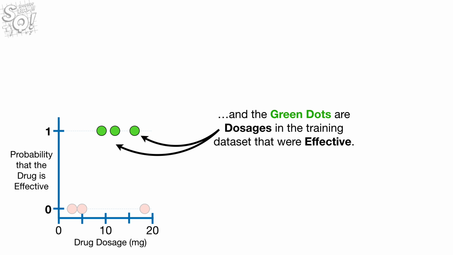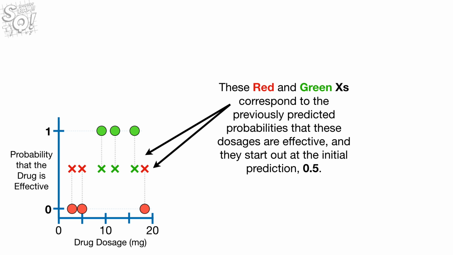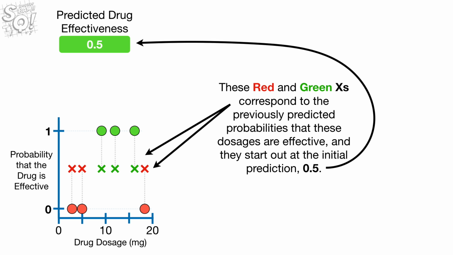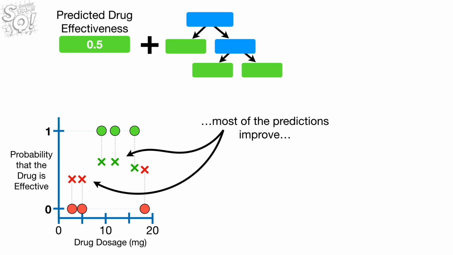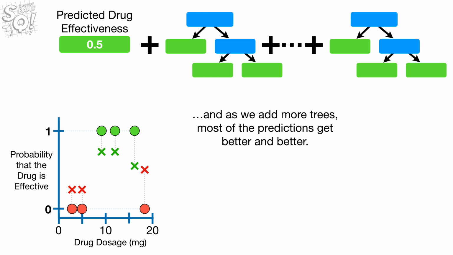And the green dots are dosages in the training dataset that were effective. These red and green X's correspond to the previously predicted probabilities that these dosages are effective, and they start out at the initial prediction 0.5. After running the data down the first tree, most of the predictions improve. And as we add more trees, most of the predictions get better and better.